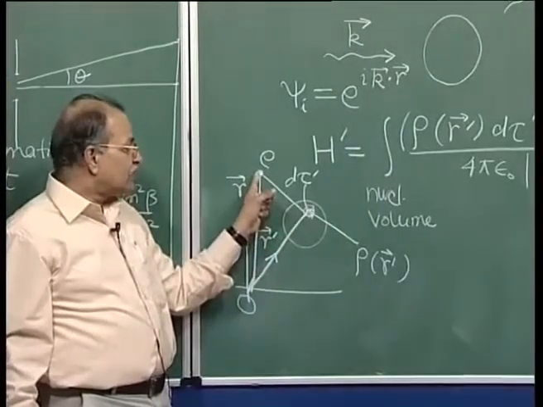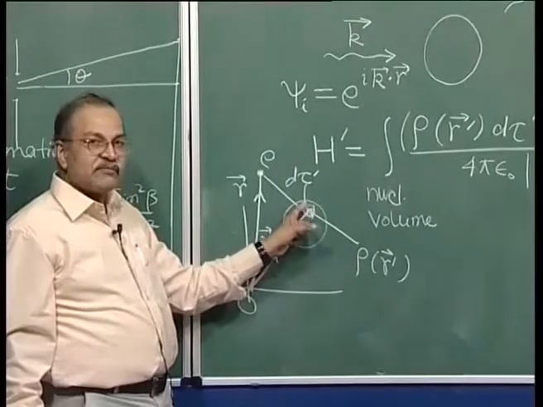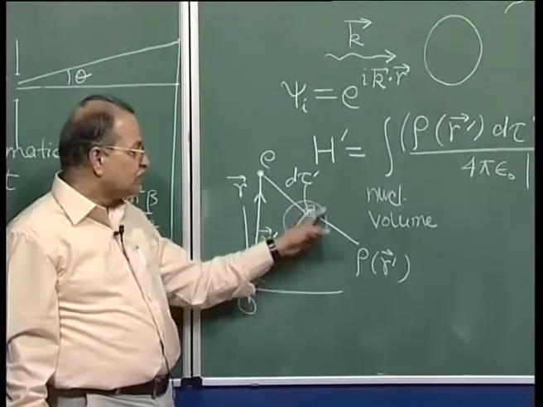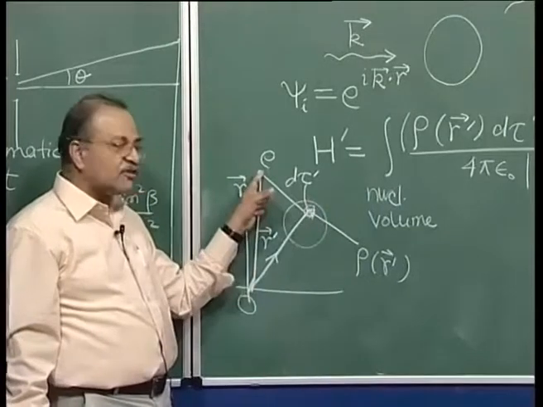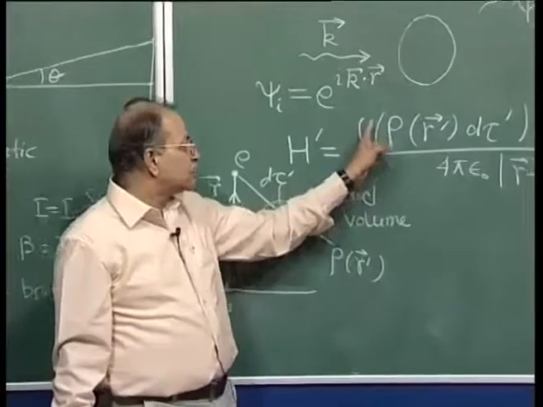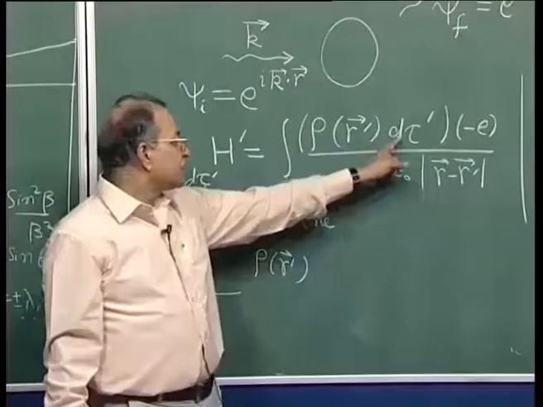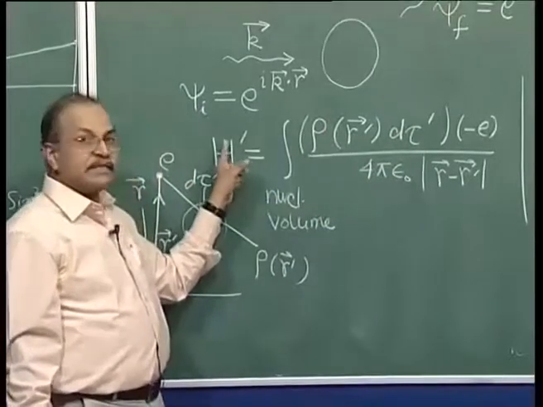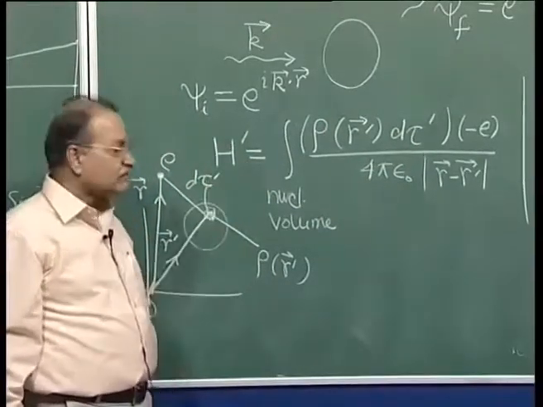This is energy of this electron with this volume element. Now, you integrate over this whole nuclear volume, so that you get the total energy of this electron with this nucleus. So, that is the integration and the integration is on nuclear volume d tau prime. So, this is the interaction energy.